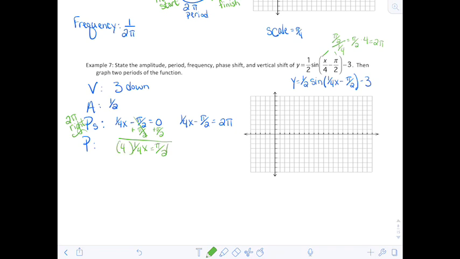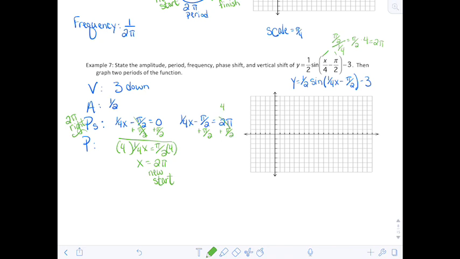And then I'm going to multiply both sides by 4. And x equals 2 pi. So this is my new start. I'm not even going to start this graph until 2 pi. Okay, and then I'm going to solve the other one. I'm going to add pi over 2.